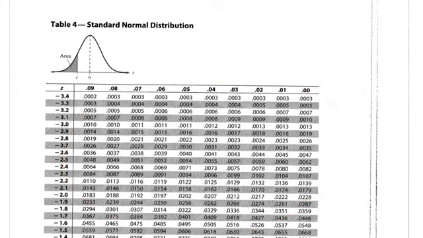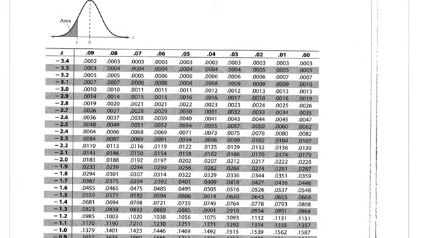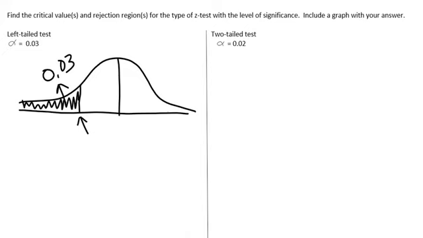As I'm looking, I notice this value right here, 0.0301, and that's about as close as I can get to 0.03. So the z-value that corresponds to that is negative 1.88.